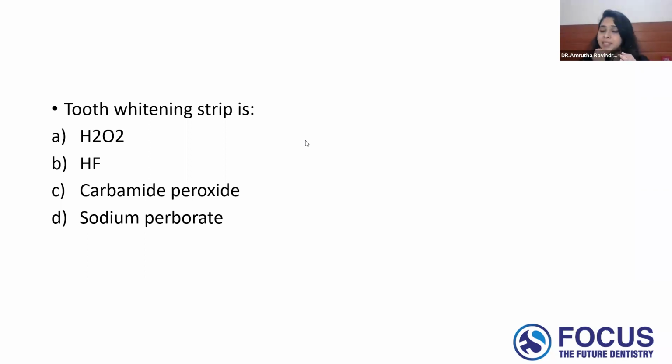Hydrogen peroxide strips. Tooth whitening strips have been introduced to replace the bleaching trays. Bleaching trays take a lot of time, right? So for bleaching, we use a milder concentration of hydrogen peroxide, about 5 to 14%. These strips are bonded onto the anterior tooth surface, and you keep them for about an hour.